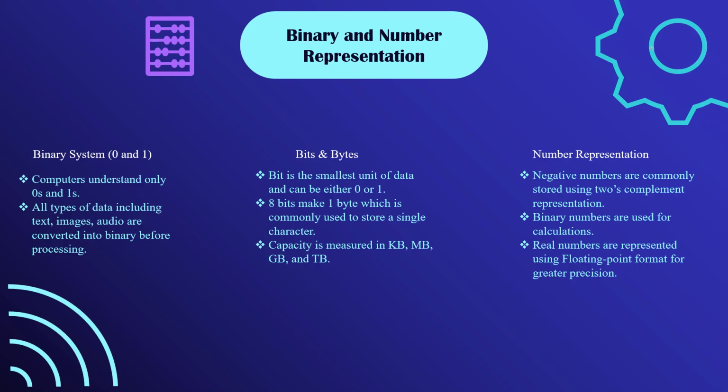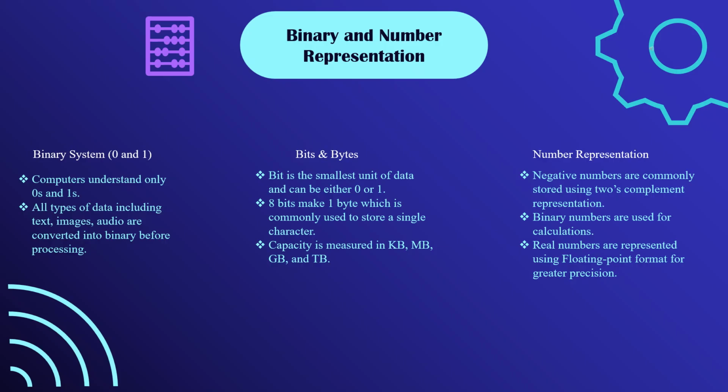Beyond simple bits, computers also need a way to represent more complex numbers. Negative numbers are commonly stored using a method called two's complement representation, which allows the CPU to perform subtraction using only addition circuits.